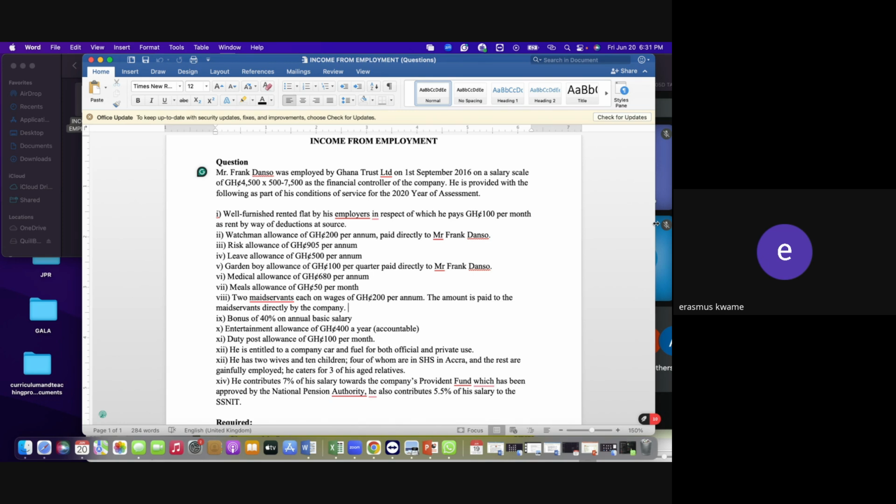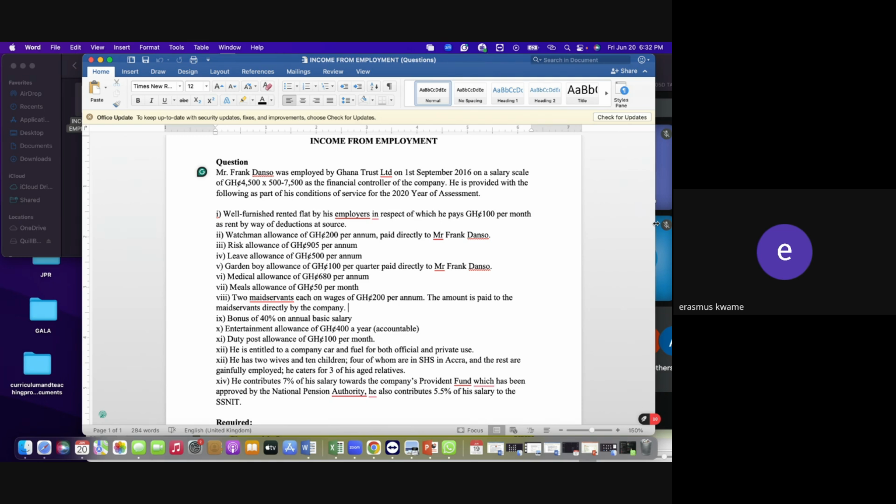As the financial controller of the company, he is provided with the following as part of his conditions of service for the 2020 year of assessment. 1. Well-furnished rented flat by his employer, in respect of which he pays 100 Ghana cedis per month as rent by way of deductions absorbed.